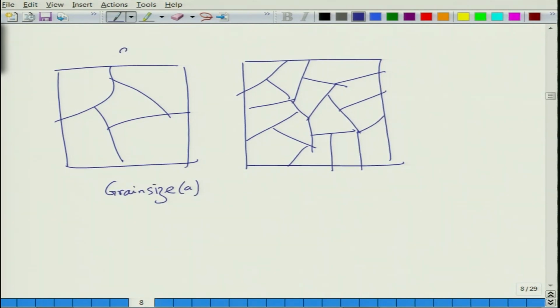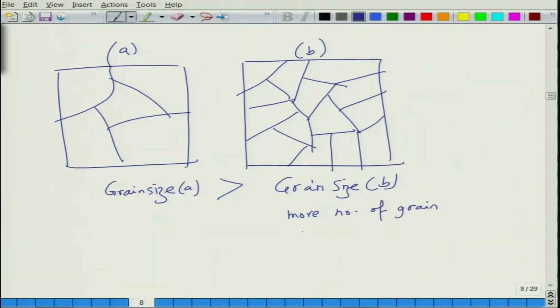Let us say this is A, the grain size in A is larger than the grain size in B. So, this is B. Of course, B has more number of grain boundaries, that is more number of obstacles. So, this basically means that the finer the grain size is, the higher the strength will be, or the more the obstacles will be, the more the dislocations will be blocked, as a result the higher the strengthening will be.